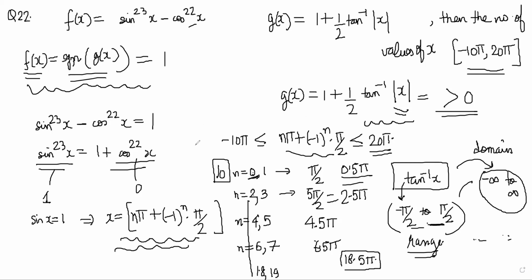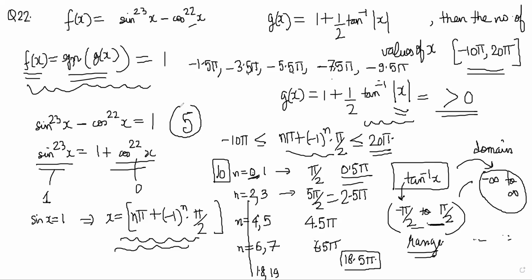So you'll get minus 1.5 pi, minus 3.5 pi, minus 5.5 pi, minus 7.5 pi, minus 9.5 pi: 1, 2, 3, 4, 5. In the negative side, 5 roots. In the positive side, 10 roots. Total number of values of x is 15.